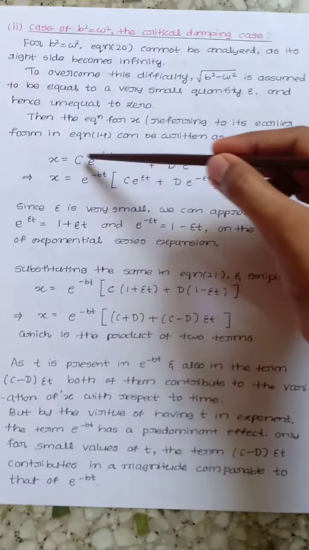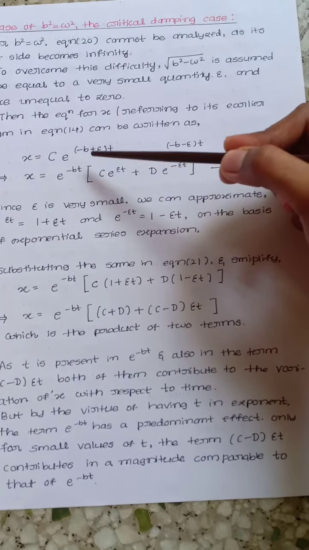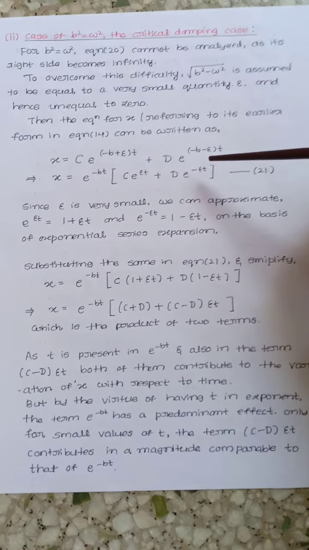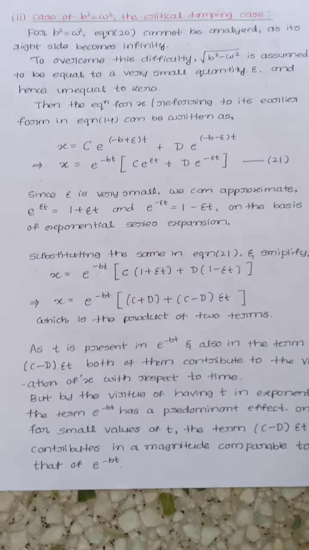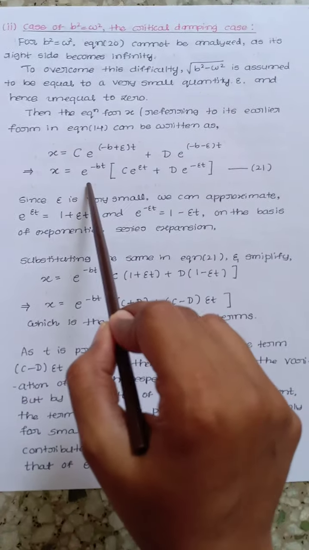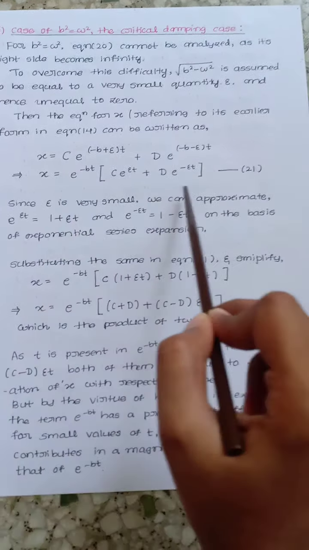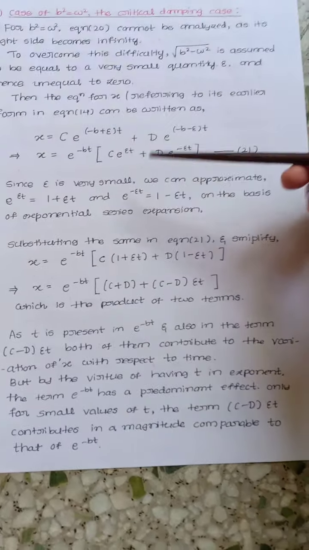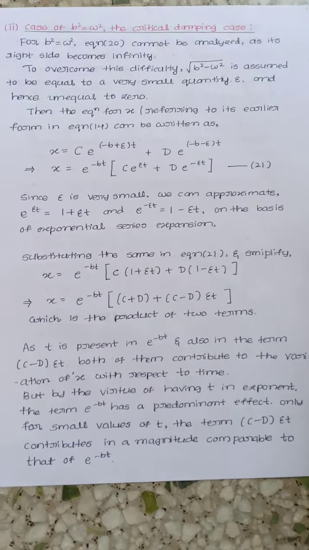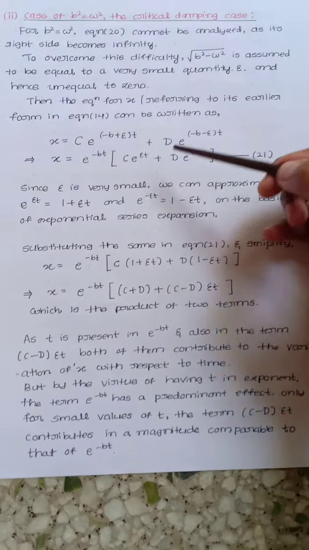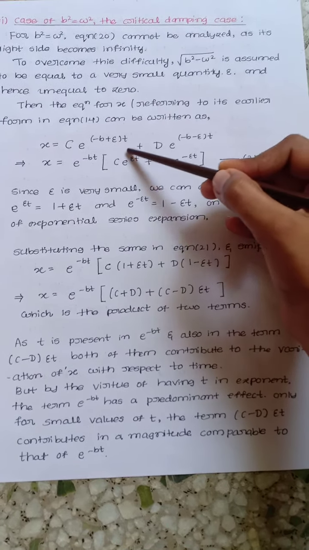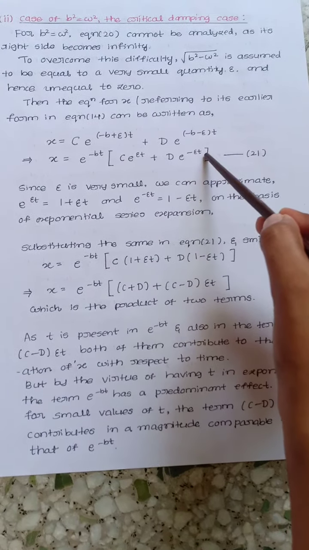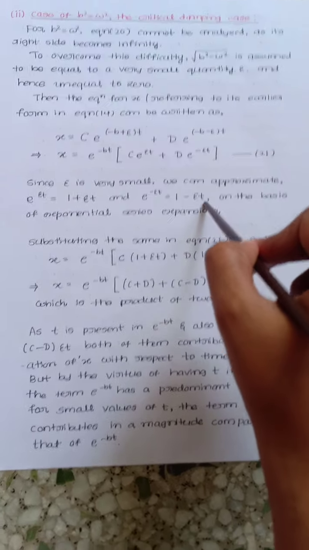Here you can write it as c into e to the power of minus b plus epsilon, bracket of t, plus d into e to the power of minus b minus epsilon, bracket t. We can write it by taking e to the power of minus bt outside. Since epsilon is very small, we can approximate e to the power of epsilon t as 1 plus epsilon t, and e to the power of minus epsilon t as 1 minus epsilon t.